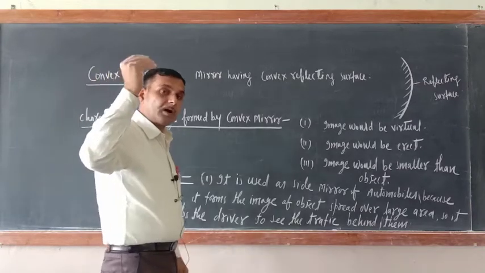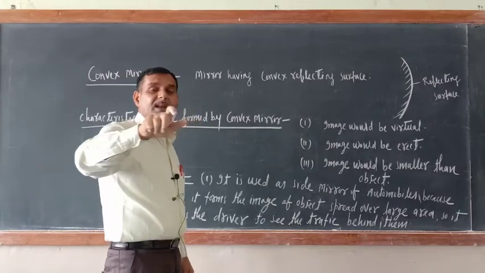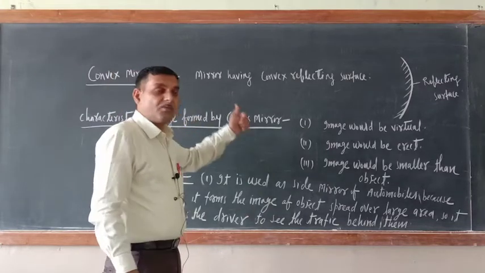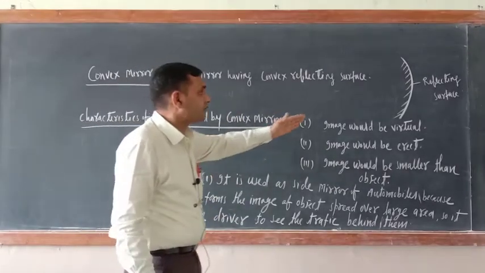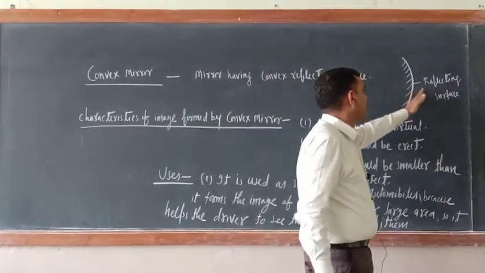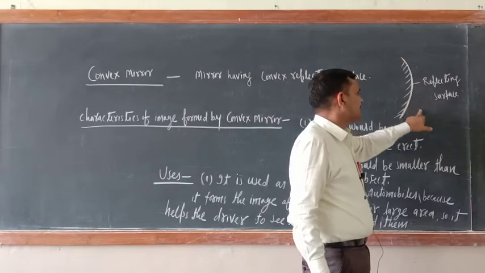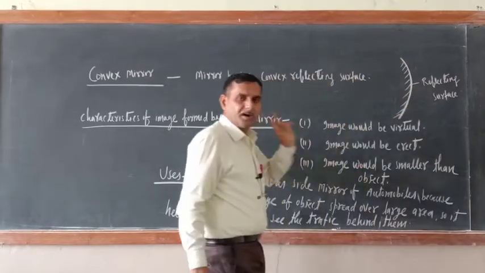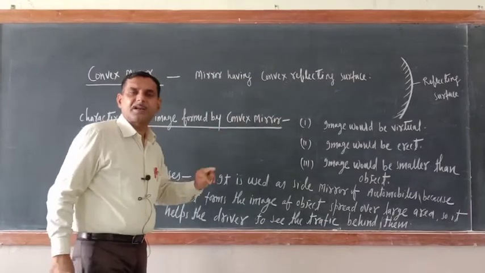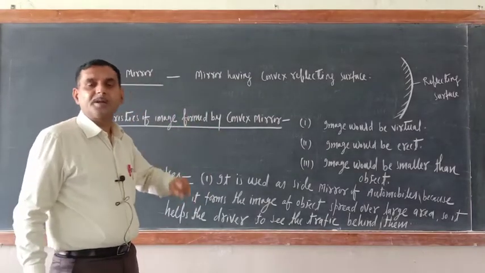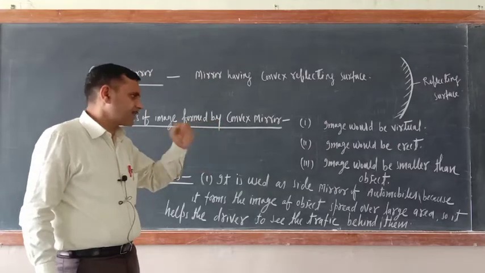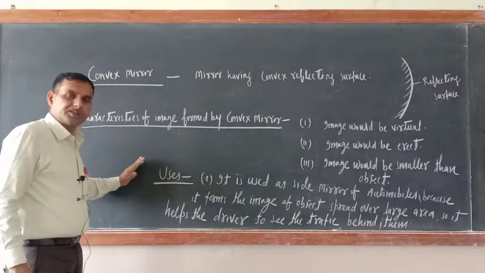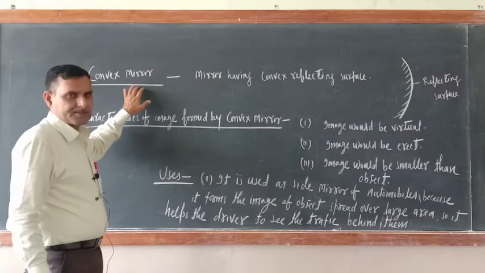In the concave mirror, the reflecting surface was cave-like, while in the convex mirror the reflecting surface bulges out. Because of the different nature of the reflecting surface, they form images with different characteristics.